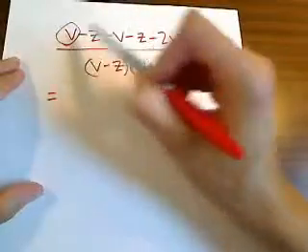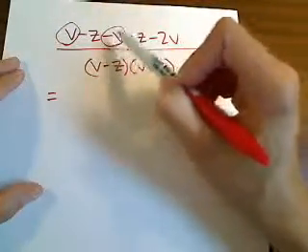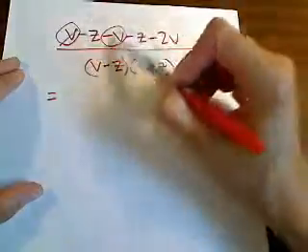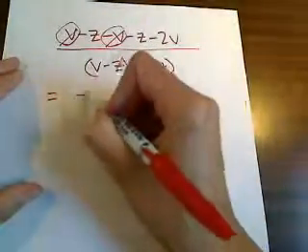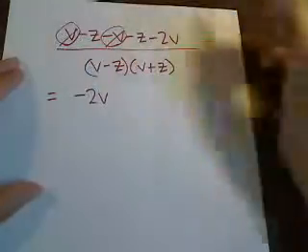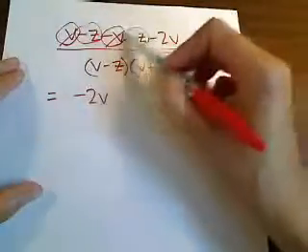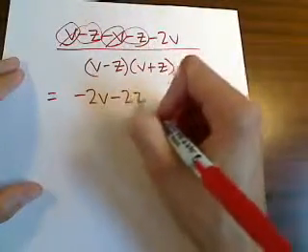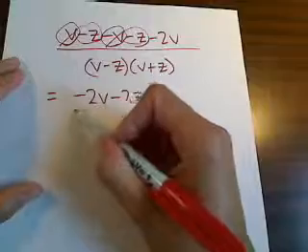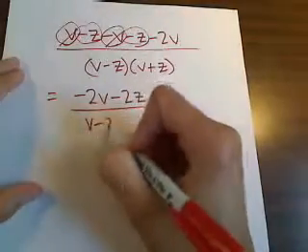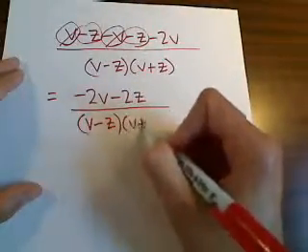So we have a v and a negative v, so those actually cancel. So we're left with just a negative 2v. And then we have a negative z and a negative z, so that's a negative 2z. And then this is all over v minus z and v plus z.